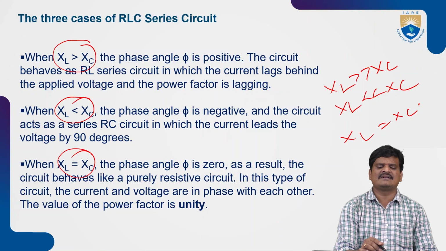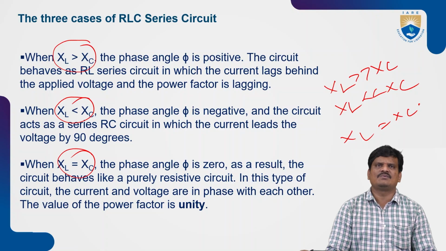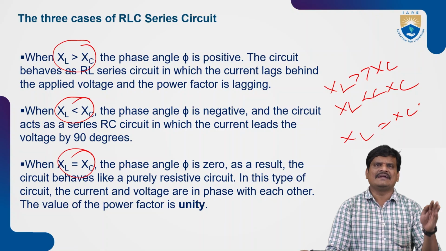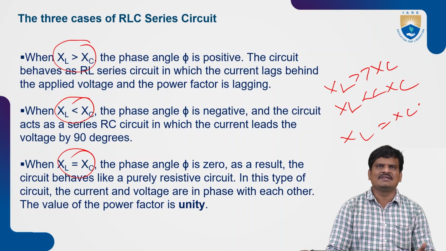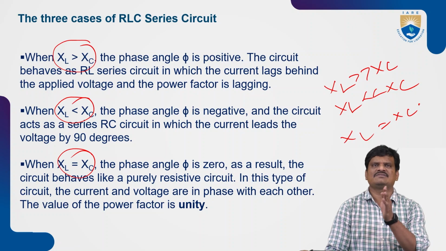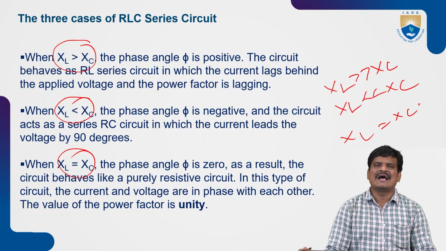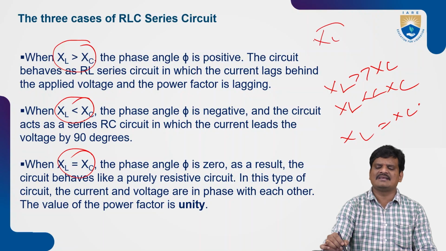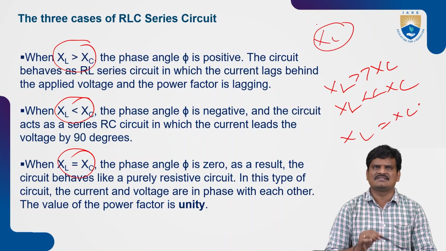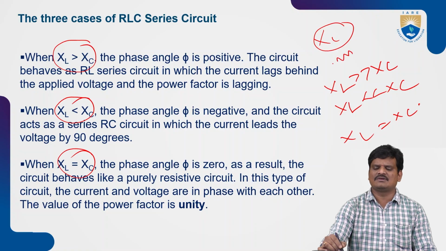So when XL is greater than XC, XL is the inductive reactance and XC is the capacitive reactance. If the inductive reactance of a circuit is much greater than the value of capacitive reactance connected in the circuit, I can say that the value of XC can be neglected. If XC is neglected, what is the circuit nature now?